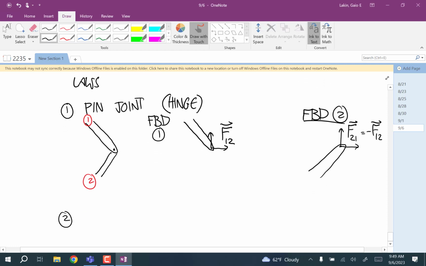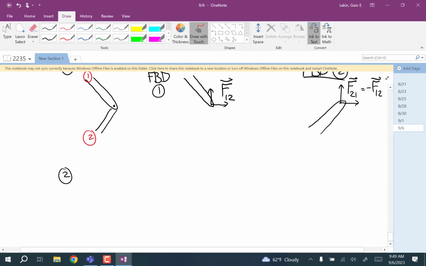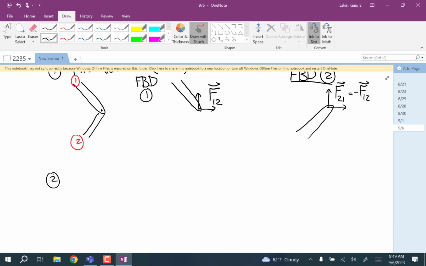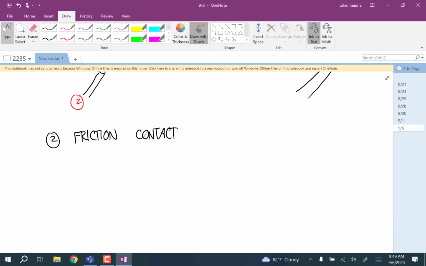The other joint that applies a full force vector we've already seen with particles. That's a friction contact. So a friction contact, if there's body 1 and there's body 2, it works the same way.